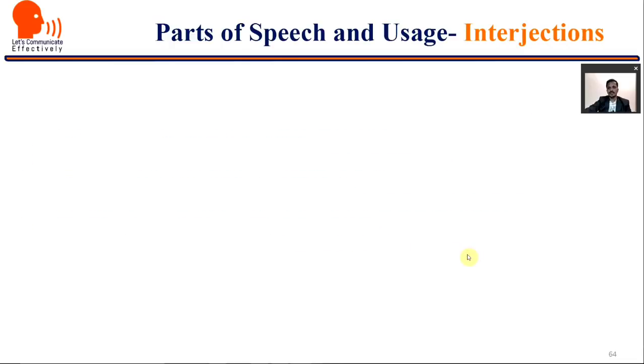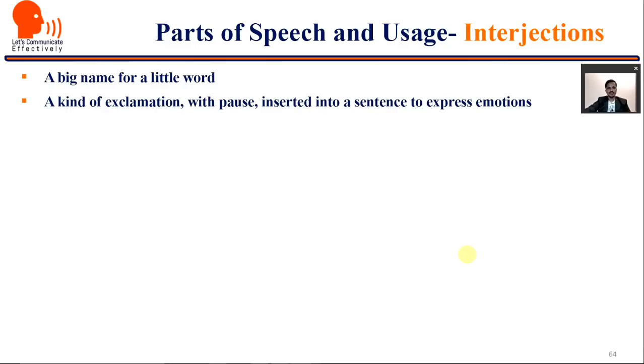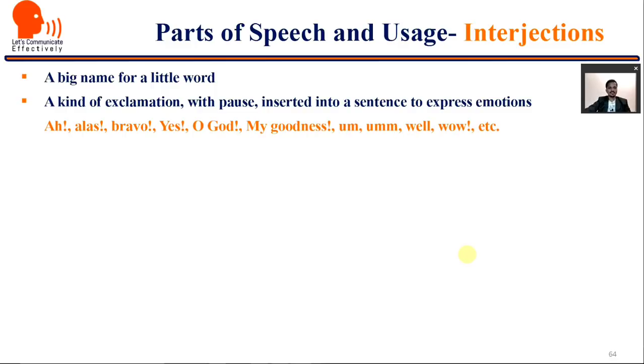Let us move further and see the second last part of speech, interjections. Actually, interjection is a big name for a little word. An interjection is a kind of exclamation with pause inserted into a sentence to express emotions. Examples of interjections are aha, alas, bravo, yes, oh God, my goodness, well, wow.